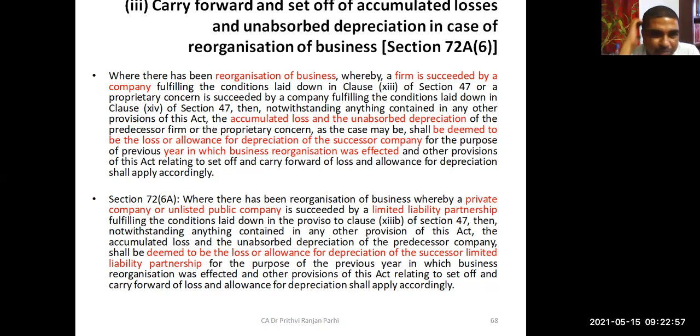Okay, and for the purpose of the previous year in which the reorganization is effective, it will be deemed to be the unabsorbed depreciation and loss for the previous year in which the reorganization is effective. After that, the remaining provisions of the law will apply.